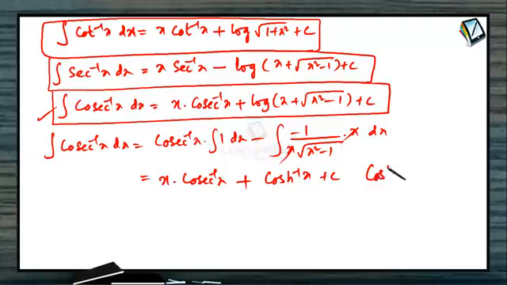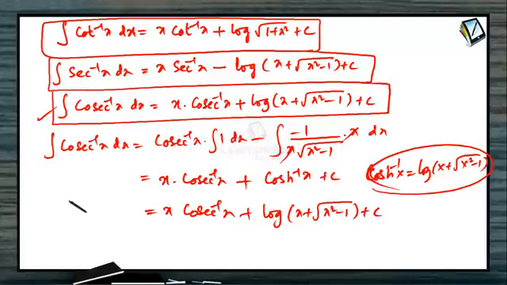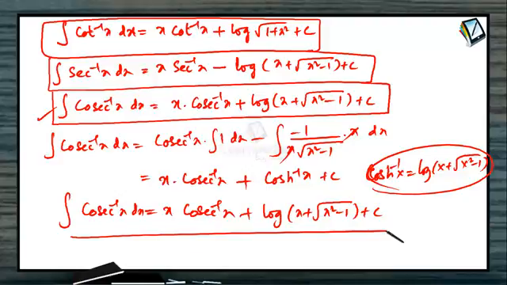Here cos h inverse of x is taken as log of x plus root x square minus 1. So using this formula, we find x cosecant inverse of x plus log of x plus root x square minus 1 plus c as the integral of cosecant inverse of x dx.